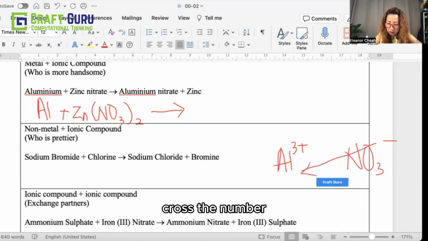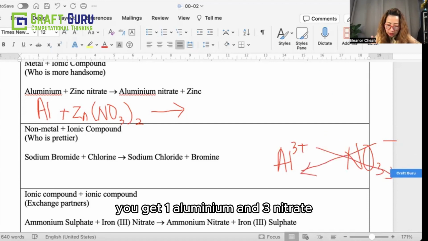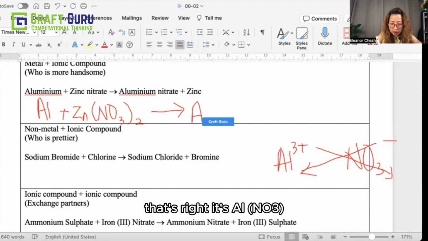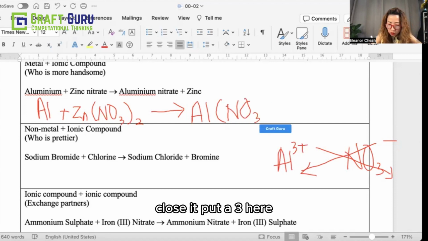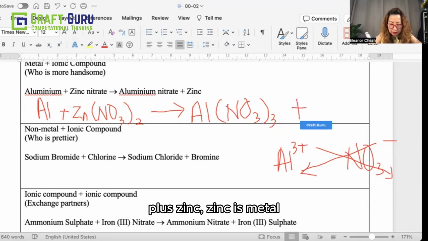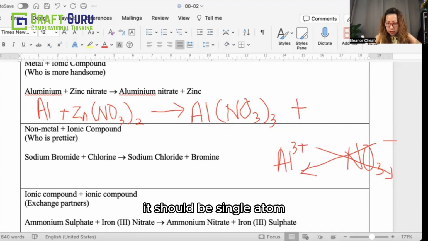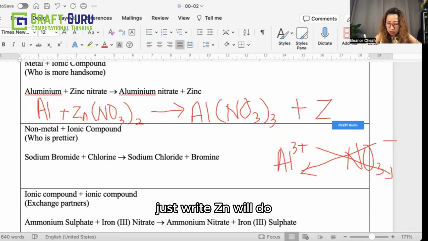Cross the number, you get 1 aluminium and 3 nitrate. That's right, it's Al, bracket NO3, close it, put a 3 here, plus zinc. Zinc is metal, it should be single atom, so just write Zn will do.